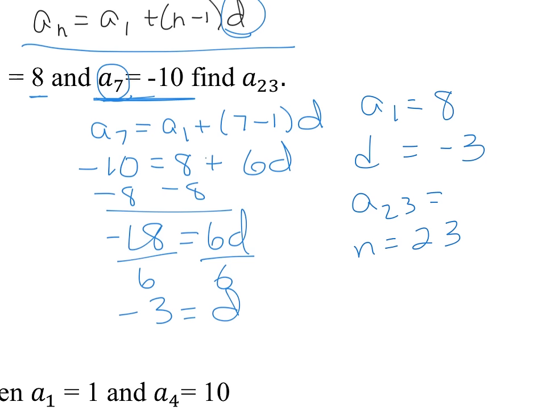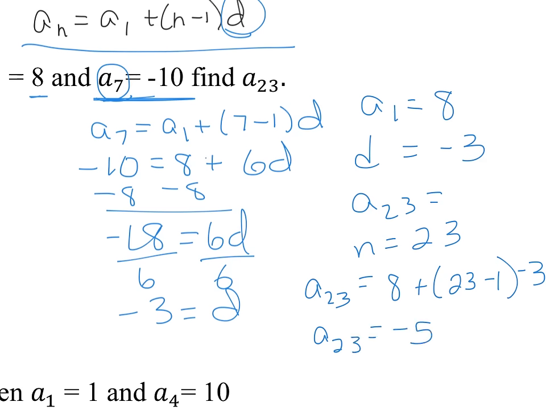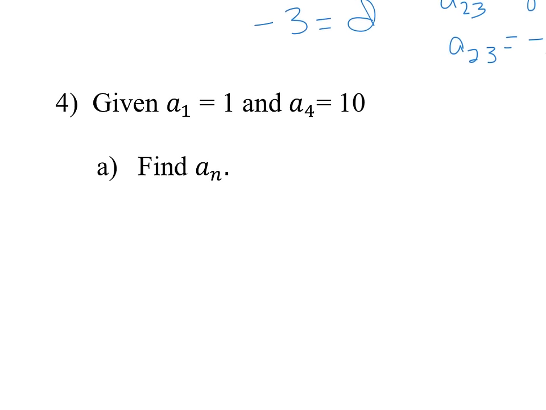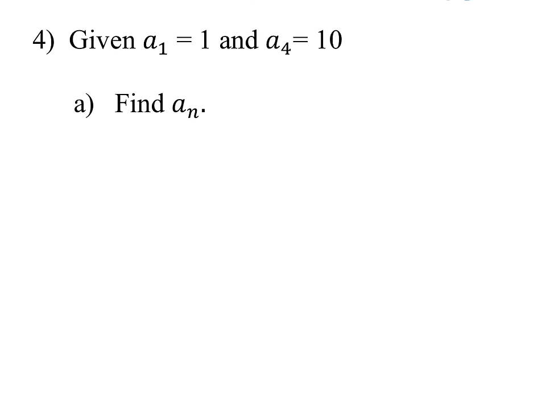Okay, so I want a sub 23 equals a1 plus 23 minus 1 times the common difference, which is negative 3. Plug that into the calculator, and hopefully, as long as I did my work right, negative 58. I'm going to go with yes. Okay, so that's it. So that's the basic idea.